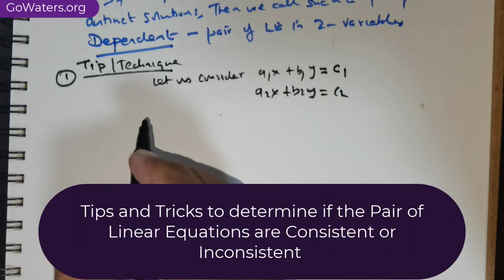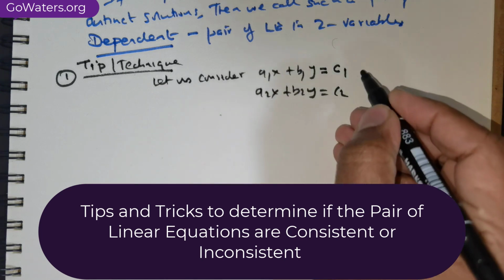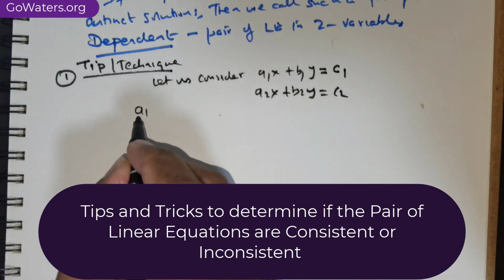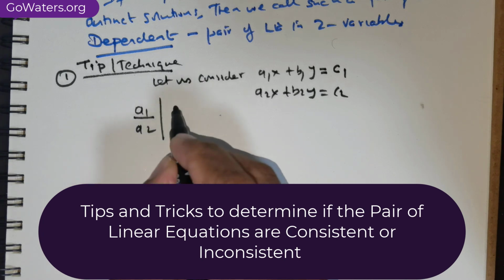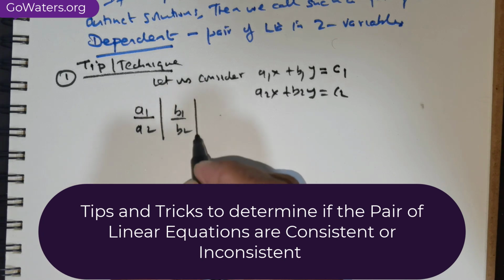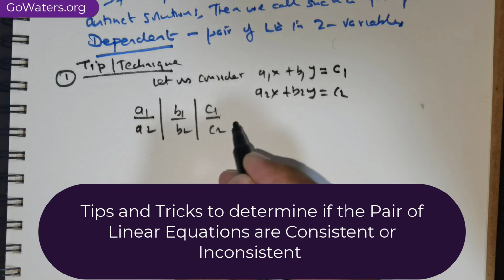Two equations are there. First and foremost, you find out a1 over a2, then b1 over b2, then c1 over c2.